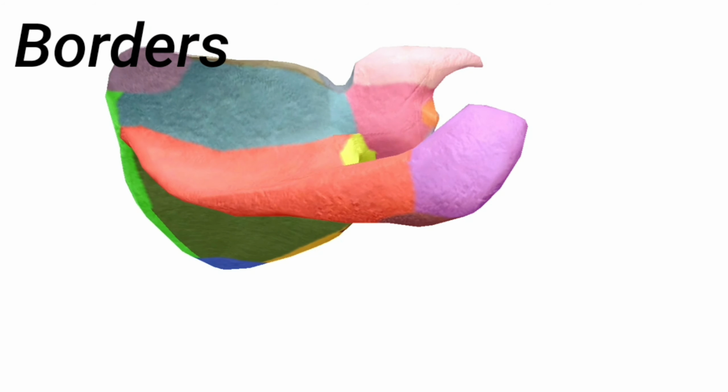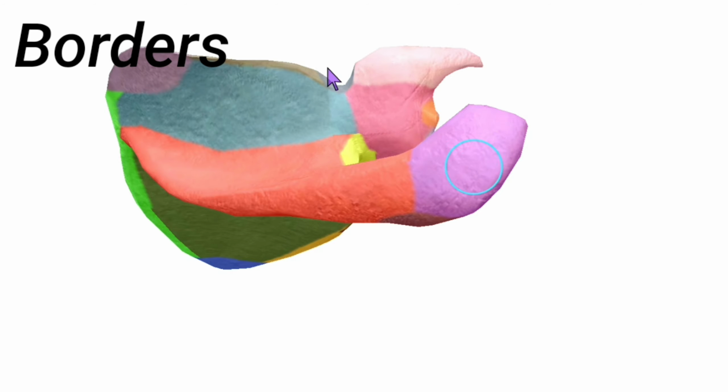About the borders, the superior border is thin and shorter and near the root of the coracoid process, there is the suprascapular notch.